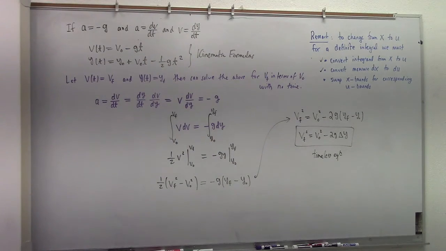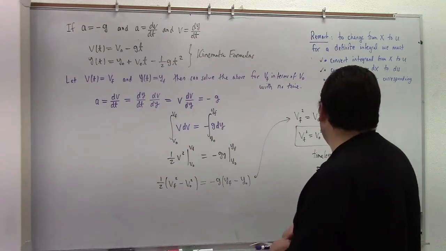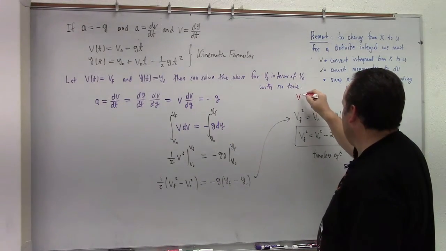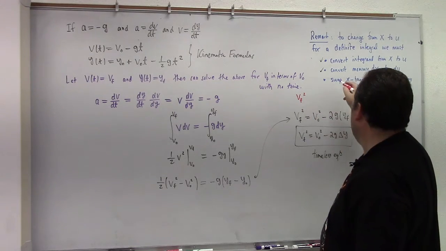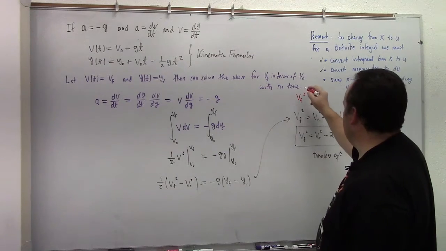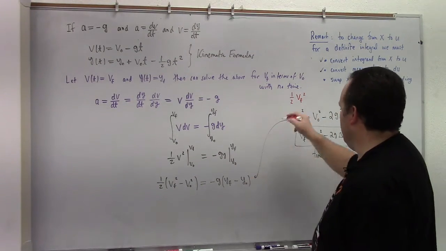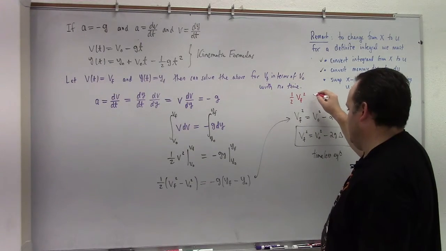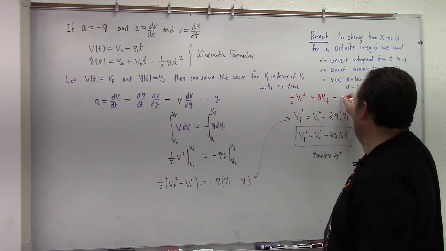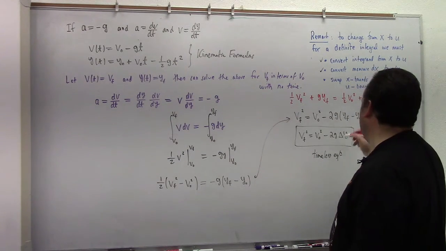Oh, fun fact. If you take this last equation, so you got vf squared. If I divide by 2, I'll go back to here actually. 1/2 vf squared plus gyf equals 1/2 v naught squared plus gy naught, right?